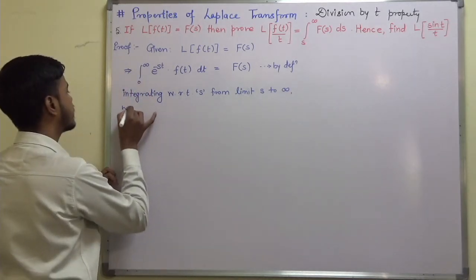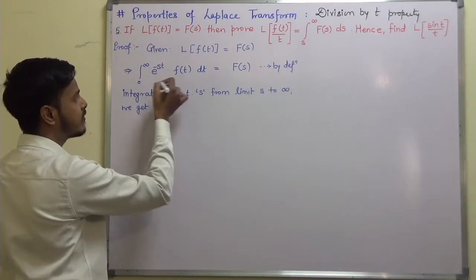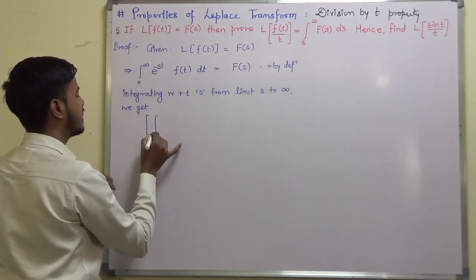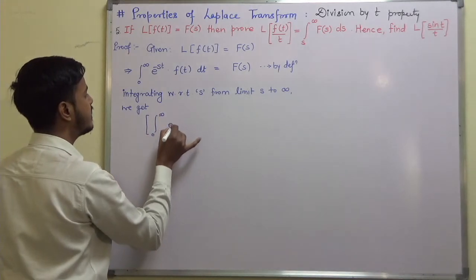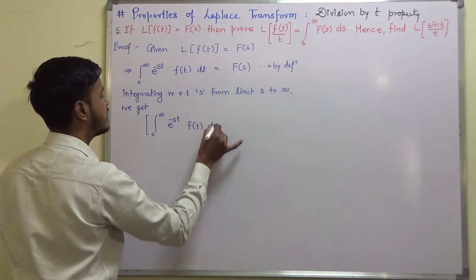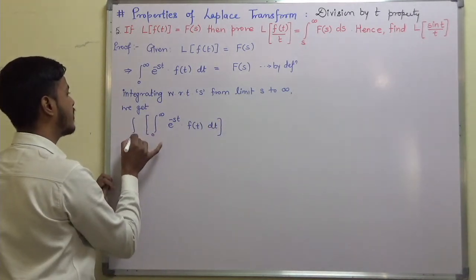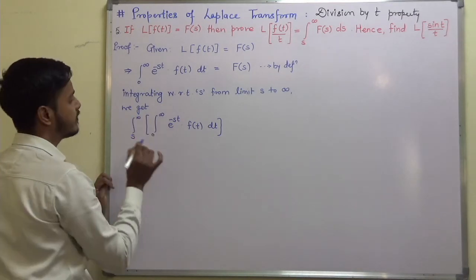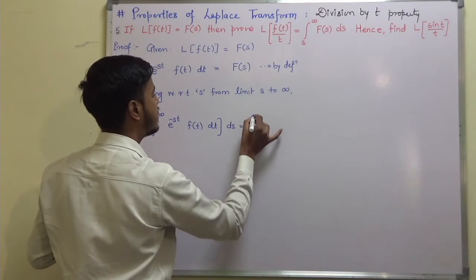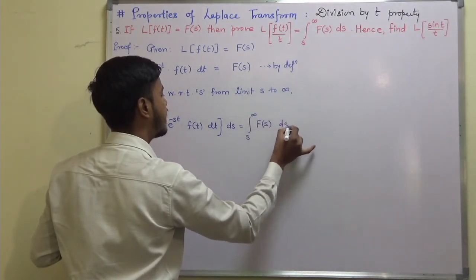We get, already one integration is there, so I will write integration 0 to infinity e to the power minus st f of t dt, and we are integrating from limit s to infinity, ds, is equal to integration s to infinity f of s ds.